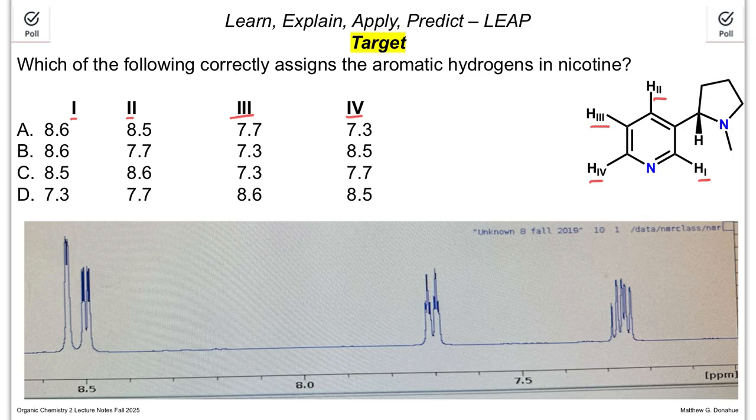So based on the signal you see in the splitting or the coupling, here's the numbers for the chemical shift. When you look at each one of those, what sort of splitting would you expect? And then where do you see it here that would line up with the correct response?